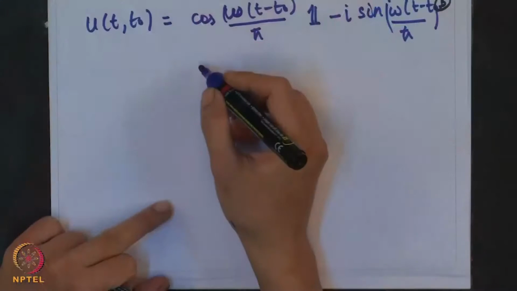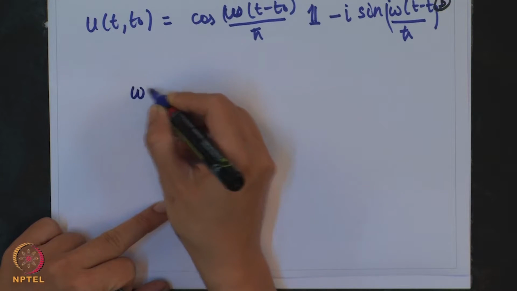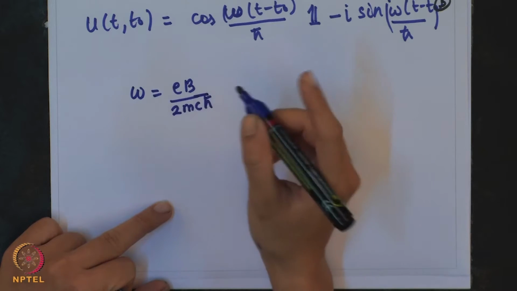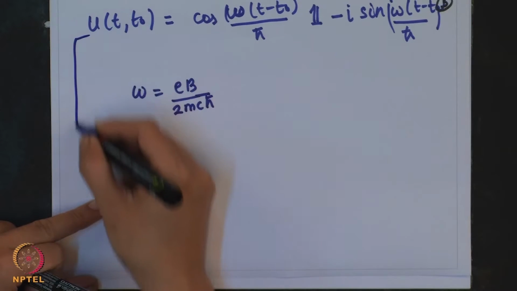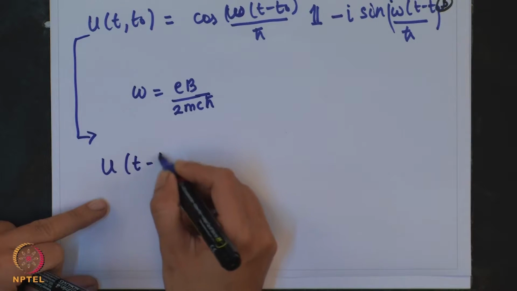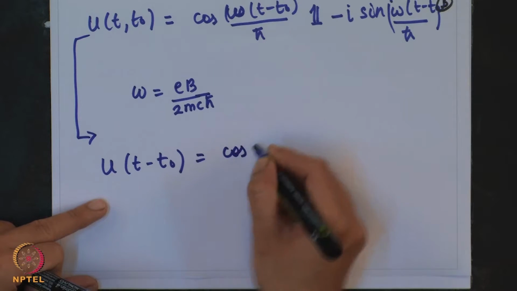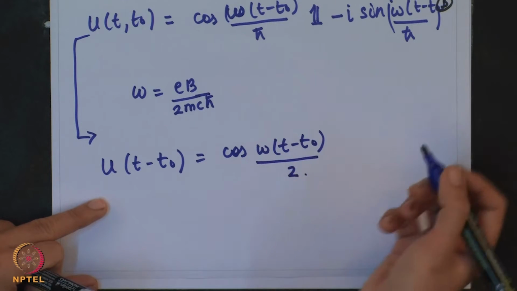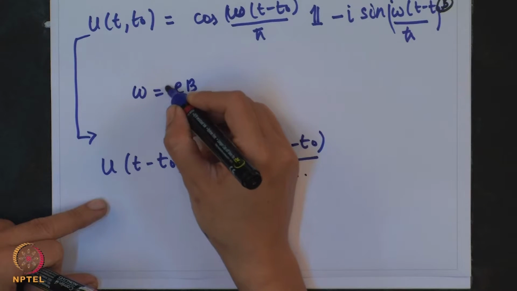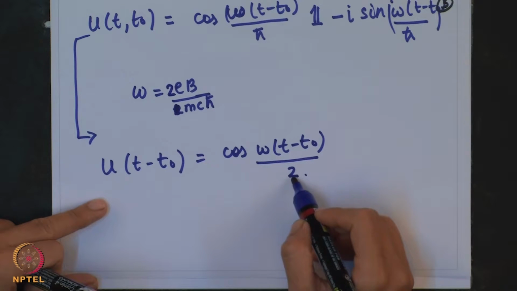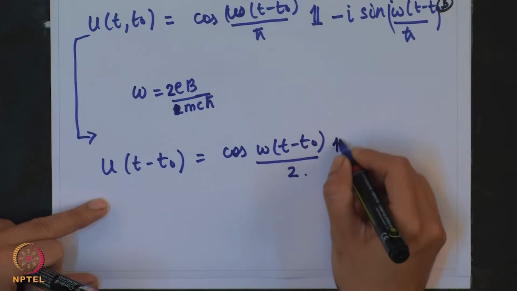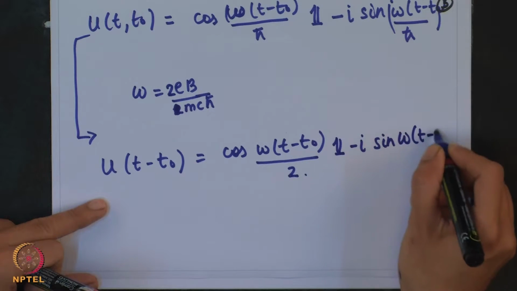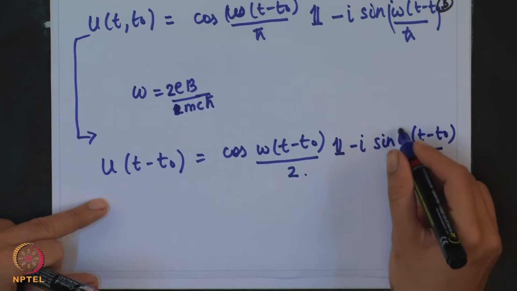Now, just a note: if you consider omega as eB upon 2mc h cross, then this will become cos omega (t minus t naught) upon 2, or rather you have to multiply by 2 because I have a 2 in the denominator, times the identity operator minus i sin omega (t minus t naught) divided by 2.